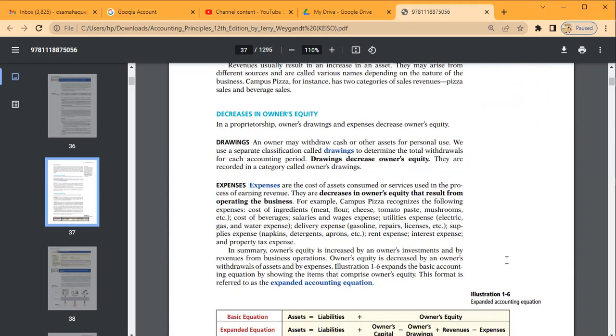Then we have expenses. Expenses are the cost of assets consumed or services used in the production of earning revenue. Higher expenses will lead to lower profits, and eventually lower profit will result in lowering capital or owner's equity.